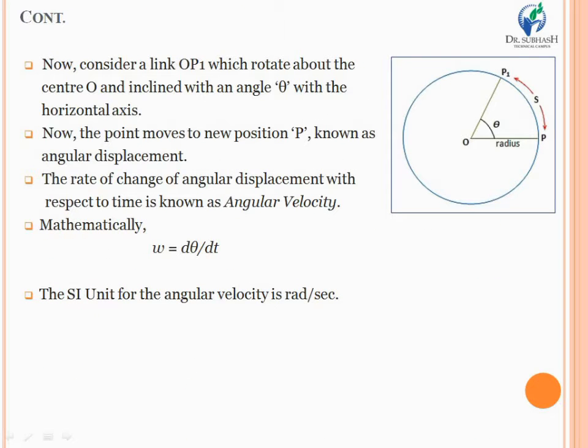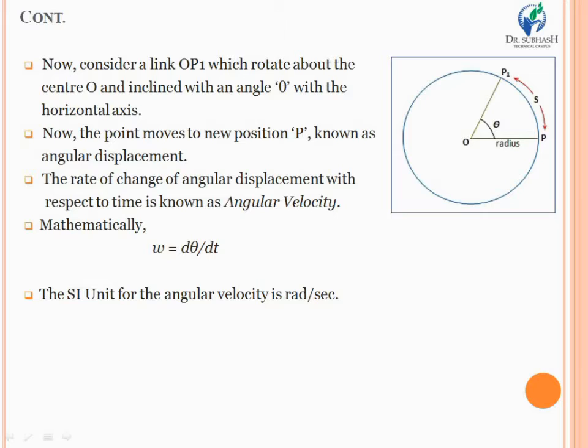Now just consider one link OP1, and on the outer surface of that particular link there is a point P1 which is moving through an angular displacement. When a body is displaced along a circular path, we term it angular displacement. So consider link OP1, which rotates about the center O and is inclined at angle theta with the horizontal or x-axis.